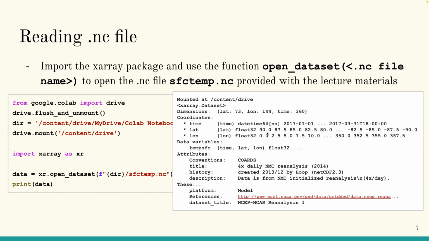Latitude and longitude, you can have a lot of information from here too. You have 73 points in latitude, 144 points in longitude. Just by reading this, you know the spatial resolution of your data, right? 90 degree to 87.5 degrees.